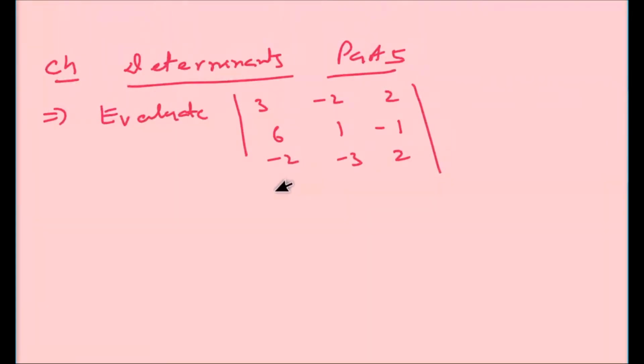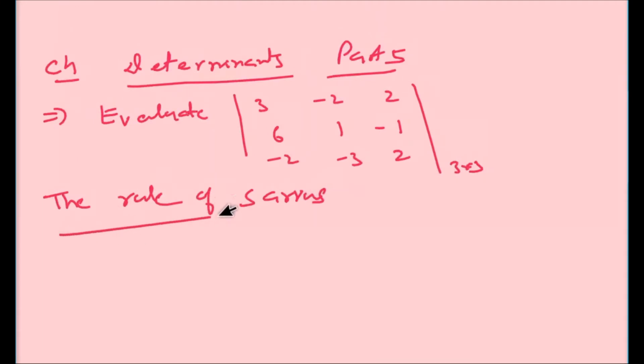You can evaluate this by any row or any column, but for order of only 3 into 3, I am telling you a method that is known as the rule of series. Using the rule of the series, we can evaluate this determinant in a very easy way.